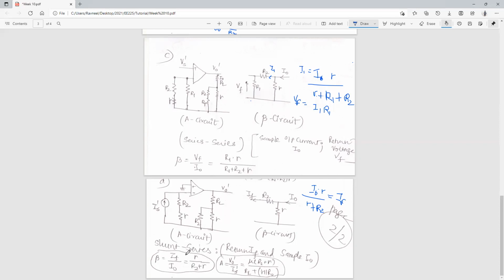And for your open loop gain, you can say that this IS goes through some gain, which will be mu, since you're sampling current.